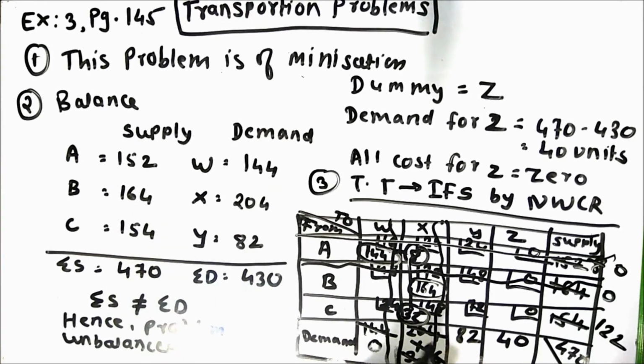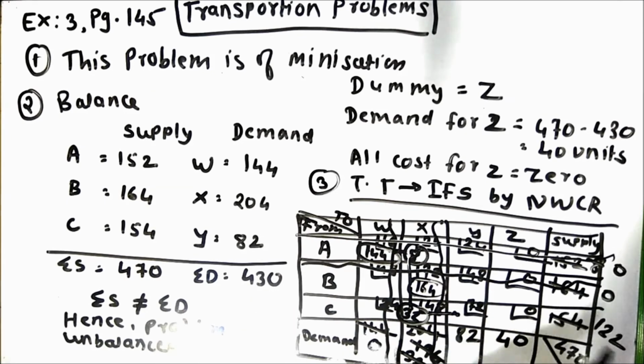Now our left allocation is over. So next we have to give the right allocation. So we'll be coming here. So at this point now we'll be giving allocation in CY. So for CY we have to see the demand and supply. So our supply side is 122 and our demand side is 82.